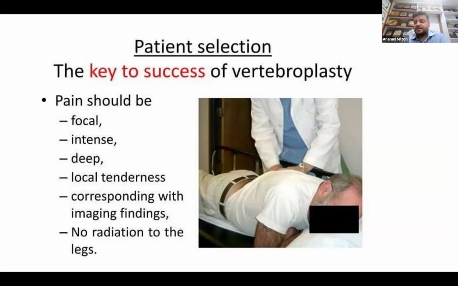If there is any radicular pain or radiculopathy, you should always clarify these things: whether the compression fracture created the pain, or the radicular pain actually causes it. So you should clear these things.